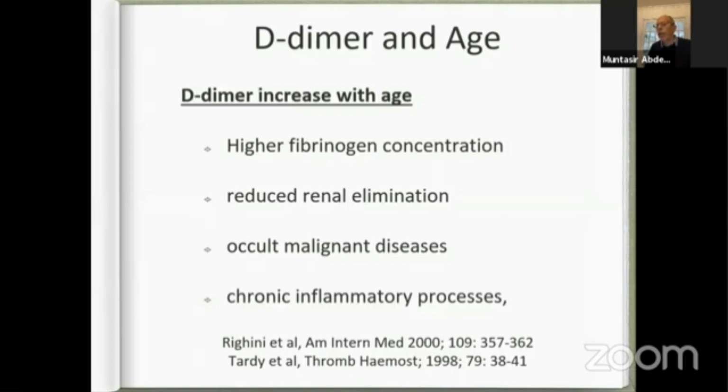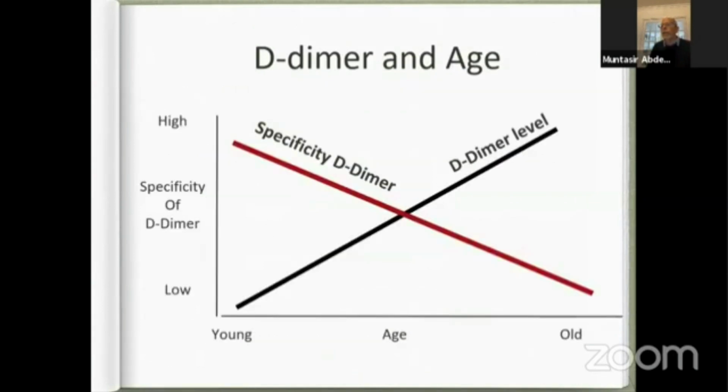And if you look at this curve, if you look at the black line, you can see the level of D-dimer increasing with age.